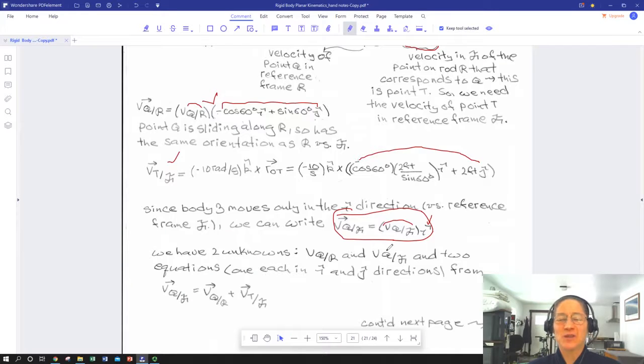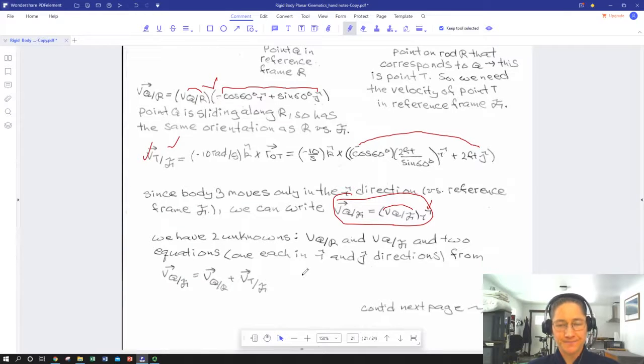And then the thing that we really wanted to know, which is the velocity of Q versus the fixed reference frame. And so we have two equations effectively coming out of what we have here that we can use to solve that, incorporating what we already know from these other two equations.